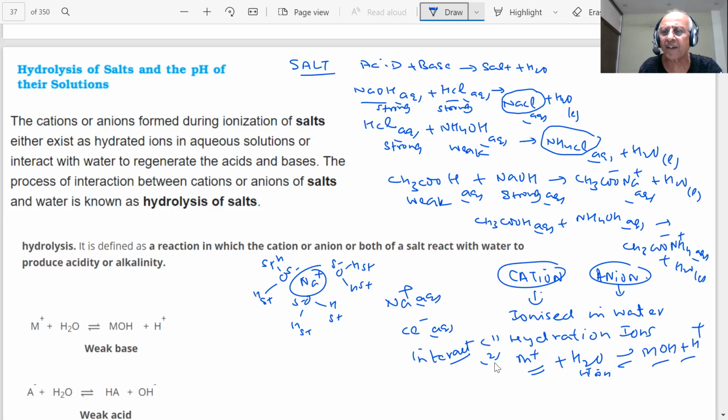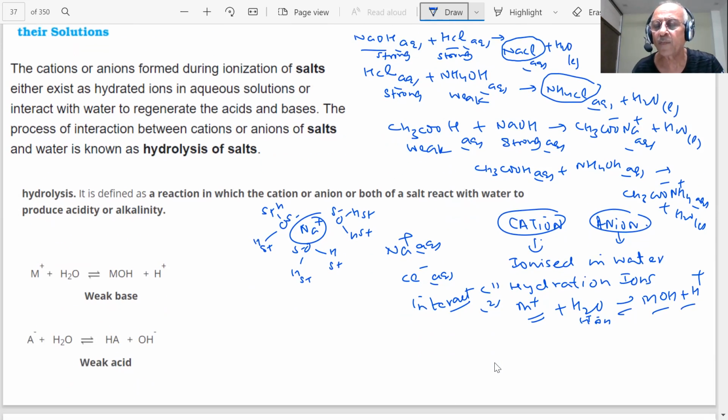So the cation is interacting. What is the result of that? It is producing MOH and H plus, the base. It is producing back the base, and the anion will also interact with water. So you have H plus and OH minus. What will be the result of that? A will go with this.